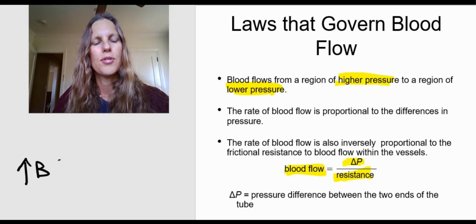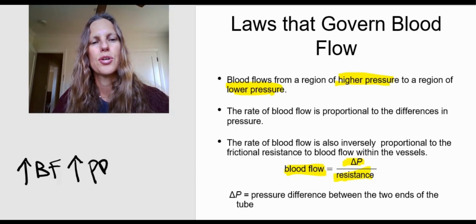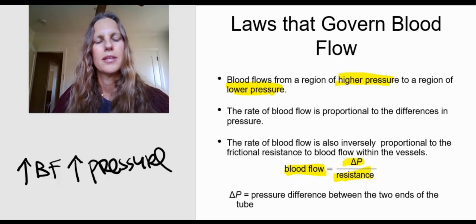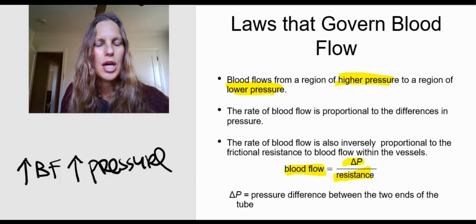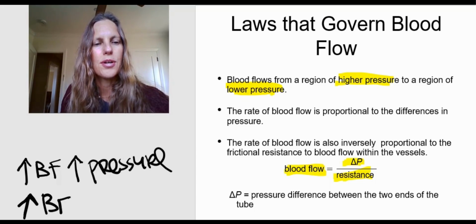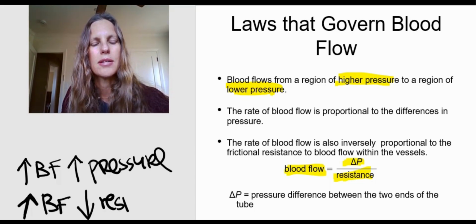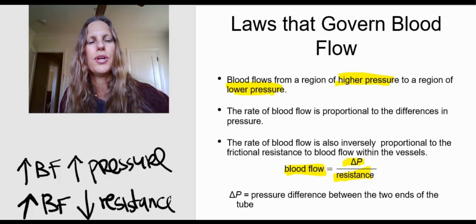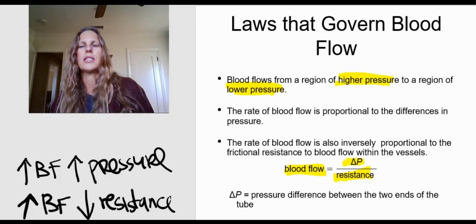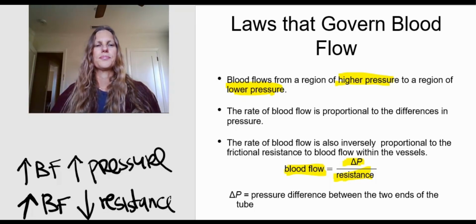Blood flow is directly related to pressure. This is like watching a kindergartner, right? Blood flow is inversely related to resistance. The more resistance, the lower the flow. The lower the resistance, the higher the flow.